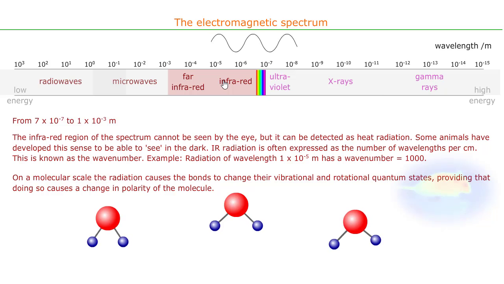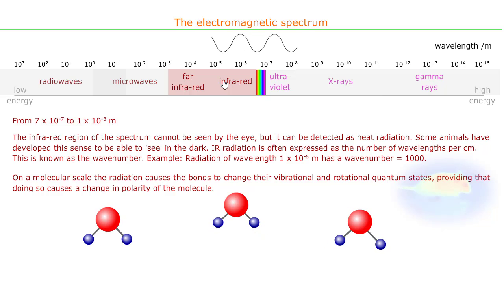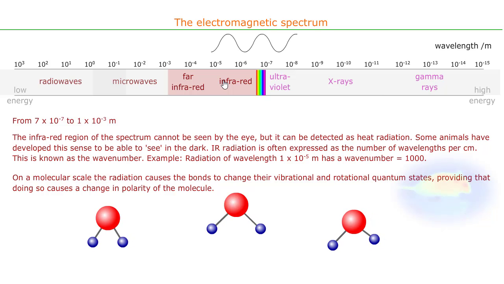In this region, the radiation interacts with matter, and it causes the matter to change its vibrational states. We can feel this radiation using our sensors. Our sensors can detect a change in the vibrational nature of the molecules in our sensors, and we register this as heat. So we sometimes call this heat radiation, infrared radiation.